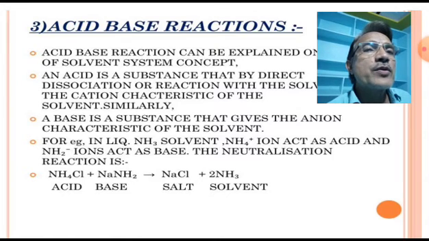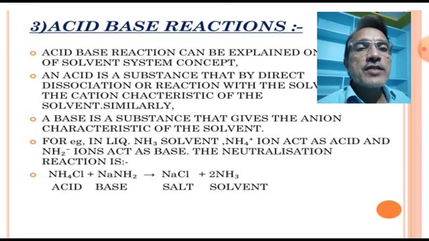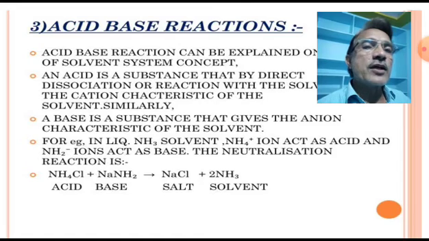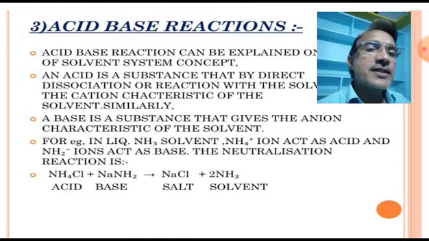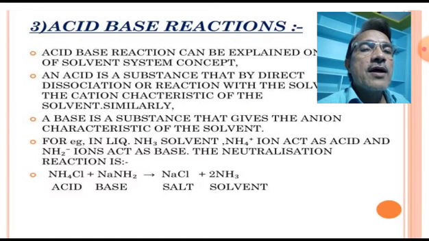Because according to solvent system concept, any substance which produces NH4+ ion in liquid ammonia is called acid. Similarly, any substance which produces NH2- ions in liquid ammonia is called a base. Therefore, NH4Cl, ammonium chloride, is called an acid. Sodamide NaNH2 is called a base.